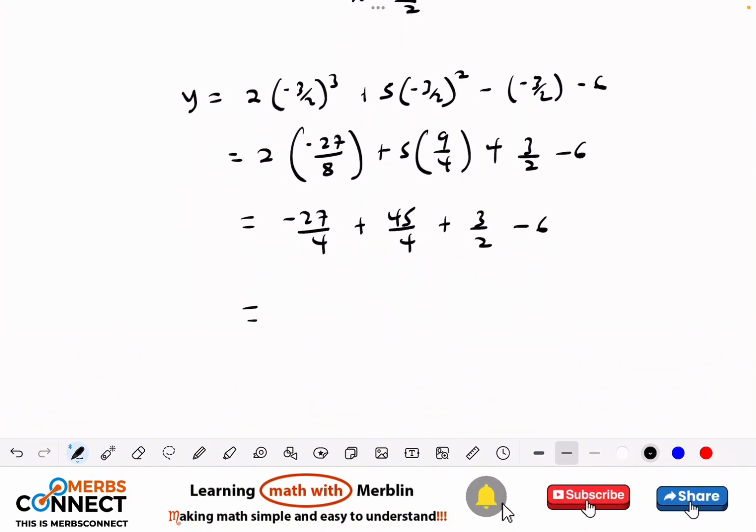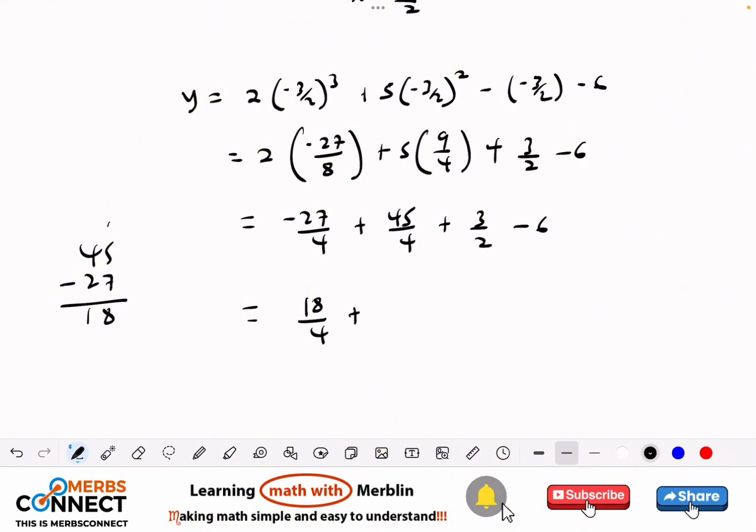So since this is having the same LCM, let's try and combine this and this. So 45 minus 27, what are we going to get? This is supposed to be 18. Yes. So this is going to be 18 over 4 plus 3 on 2.